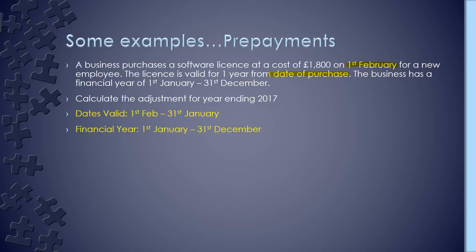We also know that the financial year of the business is the 1st of Jan to the 31st of December. And I've put here cost per month. This was worked out by dividing our £1,800 by our 12 months, and that brings us out at £150 per month for that particular licence.